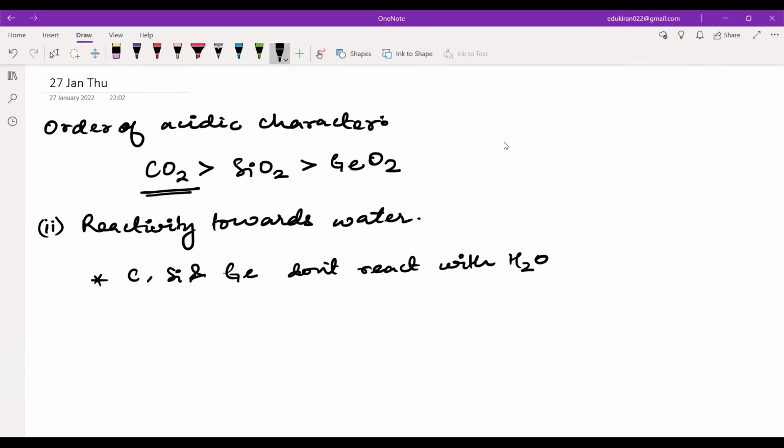Similarly, then you will write about Sn, that is tin. Tin will react with H2O with some heat, and then you will get SnO2 plus H2 gas. Then carbon, silicon, germanium, tin and at last we have lead, Pb.